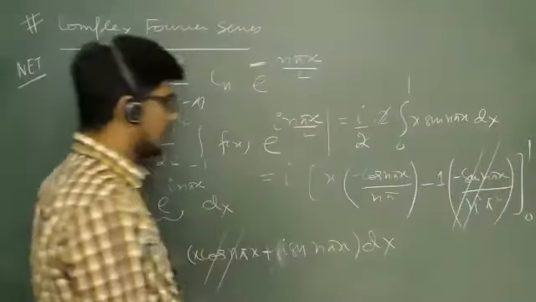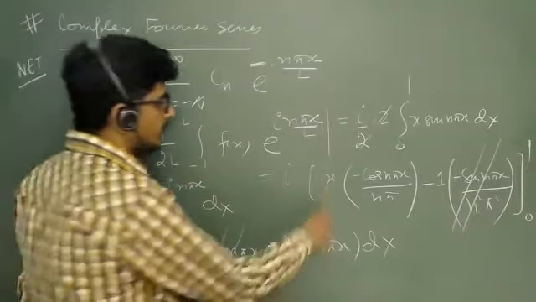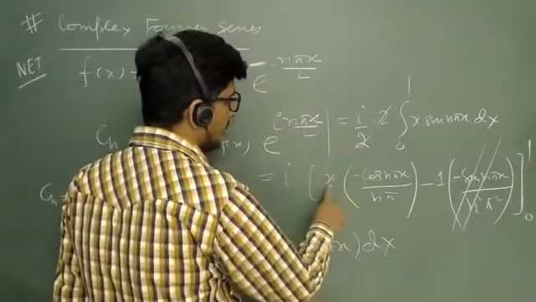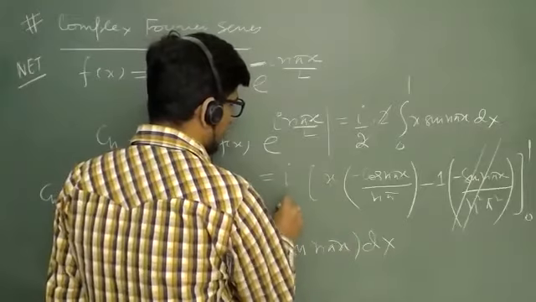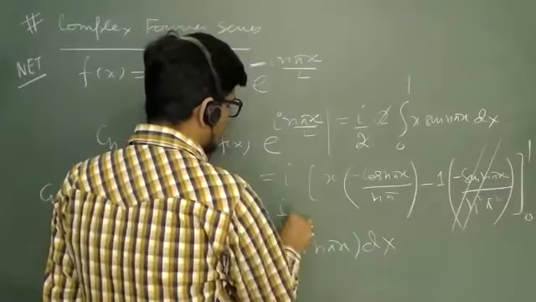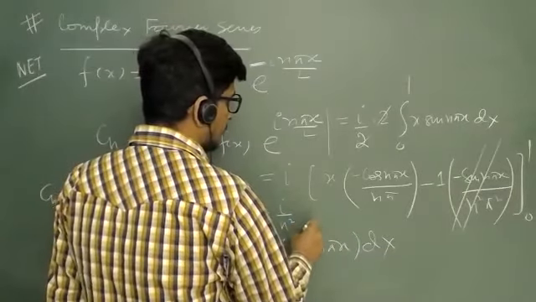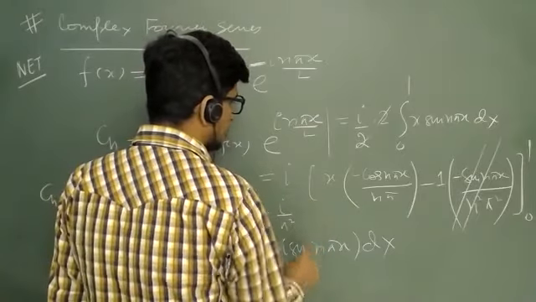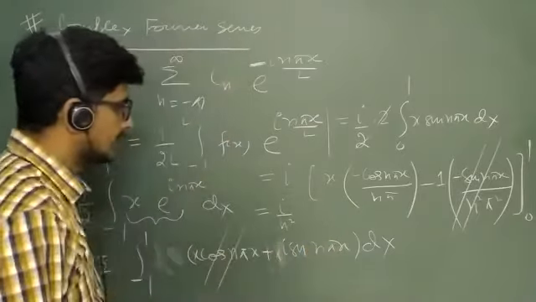So this term will not be contributing. When you put 1, this will survive. When you put 0, it will not survive. So it will become i by n squared and cos of n pi, and the minus will also be there, right?